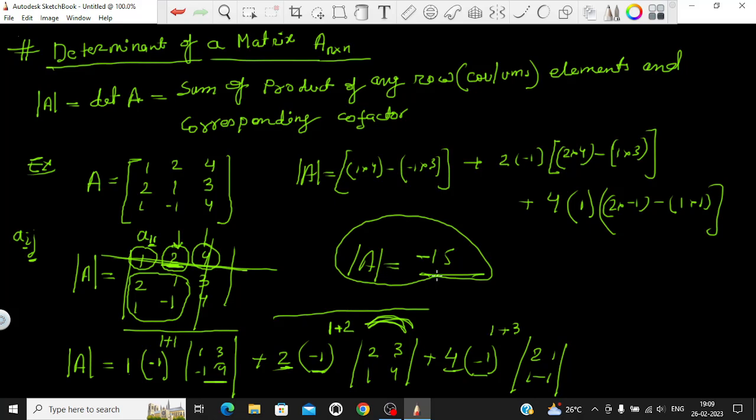Okay, this is the process of how we calculate the determinant of any matrix. Now we'll see some properties of determinants.